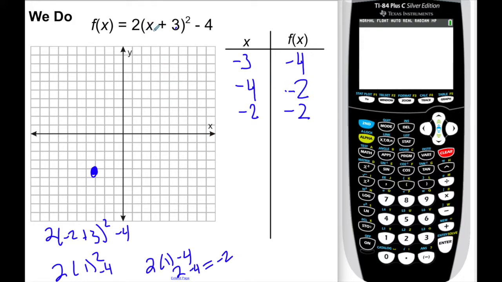Notice again, if you plug in negative 4, you get negative 1 instead of positive 1, but when you square negative 1, it's the same as when you square 1. So the rest of it has got to be the same. So instead of starting by going up by 1, it started by going up by 2.